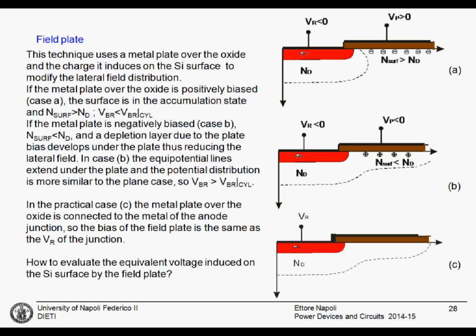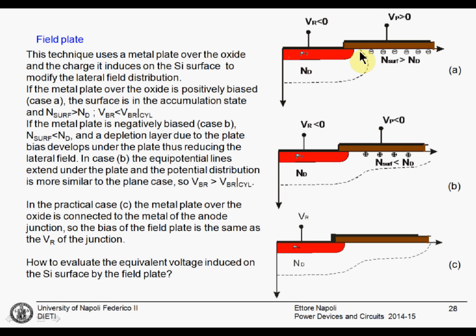Larger doping means higher electric field, and this means that the depletion region here is smaller, and the breakdown will happen even before than without the field plate. This is not a good choice. You see, the curvature, instead of finishing here, as it should be, curves even more, and we have a high curvature here.